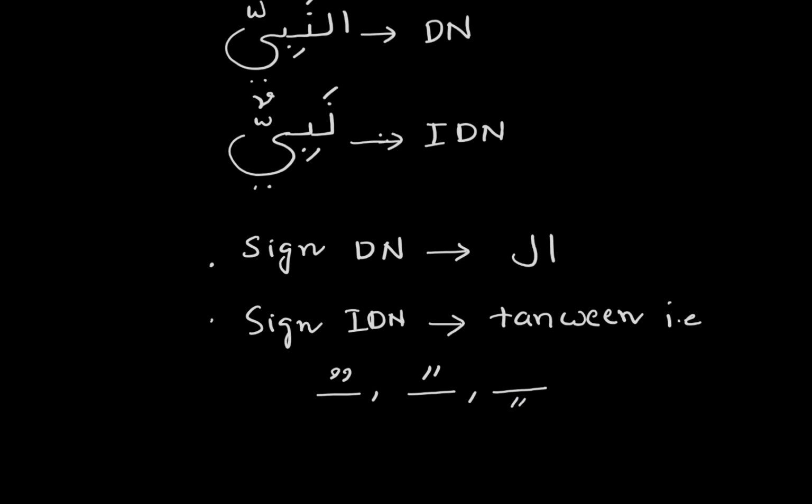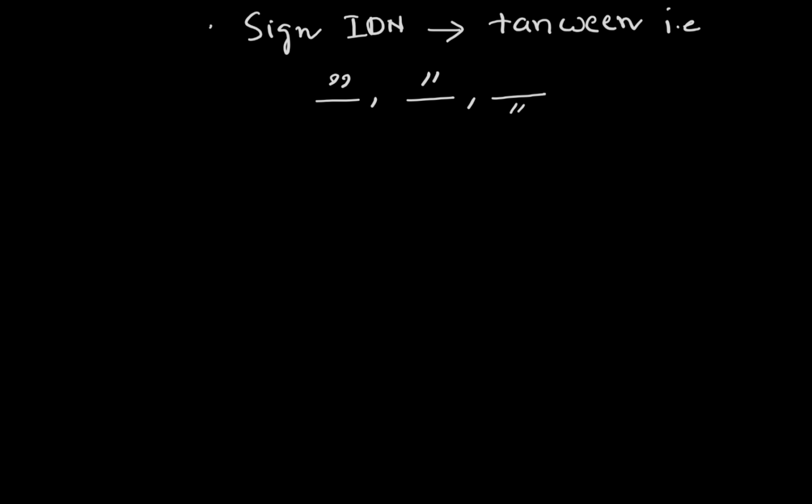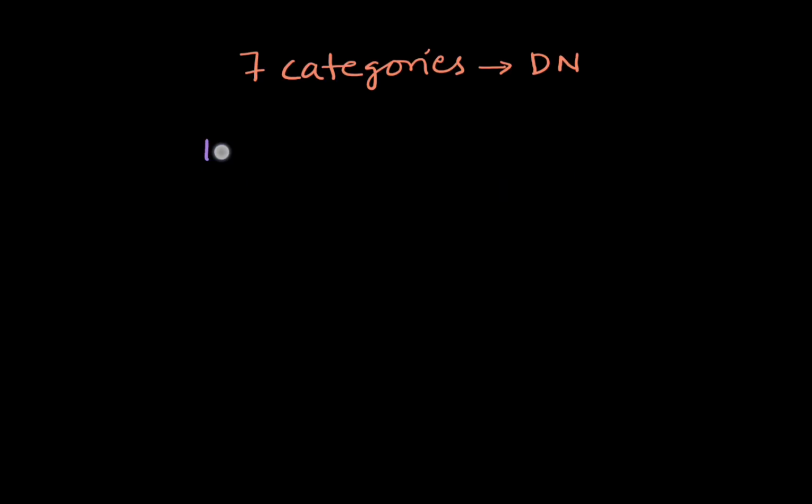Now let us learn some more about definite nouns. There are 7 categories of definite nouns. So what are the 7 categories of a definite noun? The first category is the proper noun. A proper noun is a definite noun.